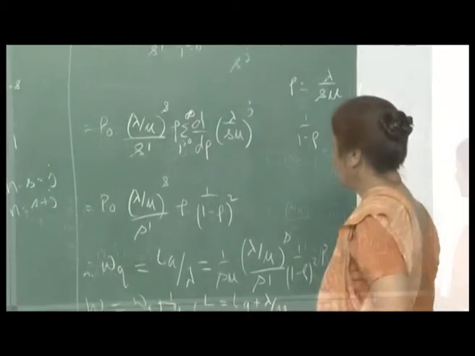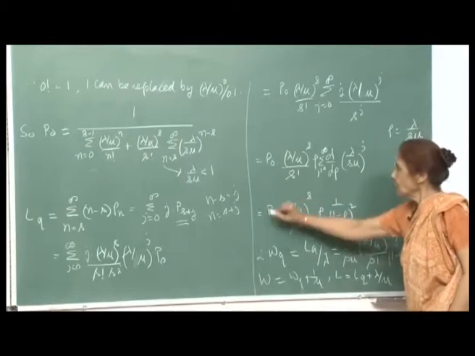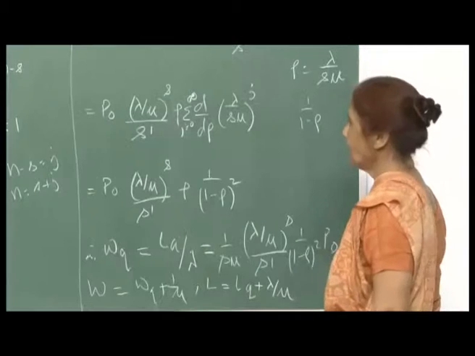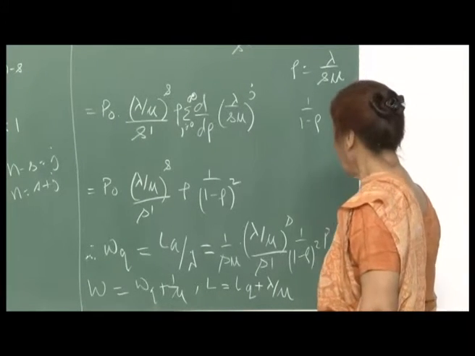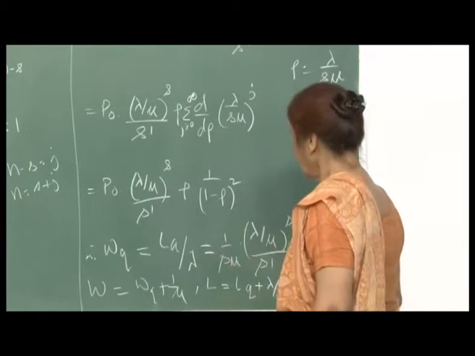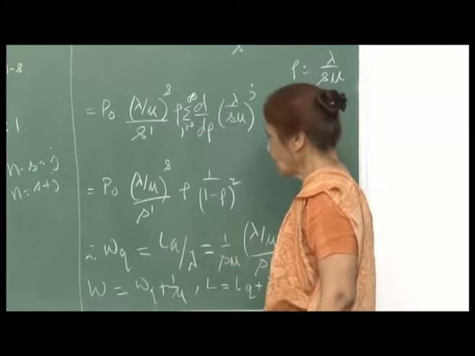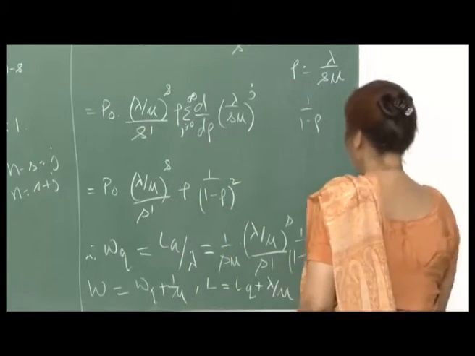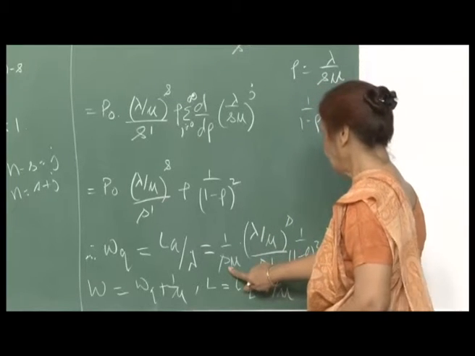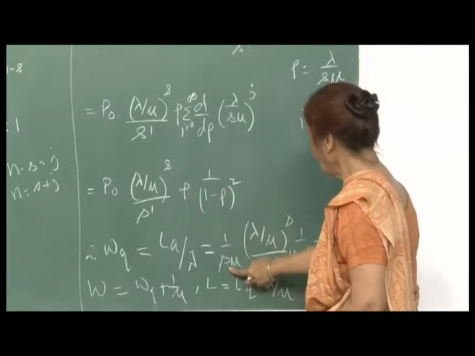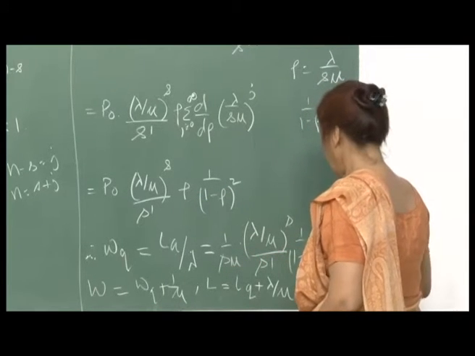So, therefore, now you have a neat expression, except that P naught is a little cumbersome. So, then you have this expression for LQ, and then I can get my WQ, which will be LQ by lambda, because we said that these relationships are valid even in the general case. When you divide this by lambda, you are left with 1 upon S mu, and you have this expression.